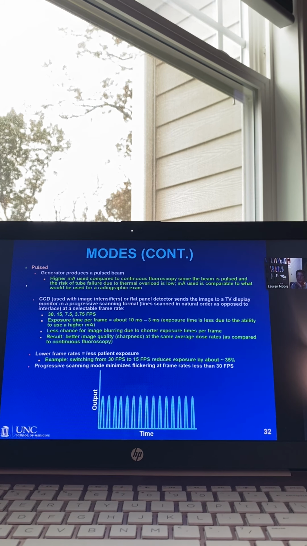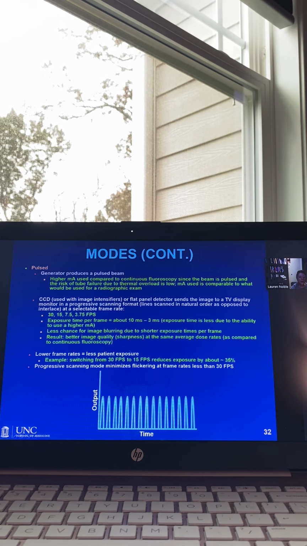Newer X-ray units, the way the incoming power supply will work to that unit is the X-ray beam will be pulsed. So this is what it looks like. So this represents tube output, and this is just time.